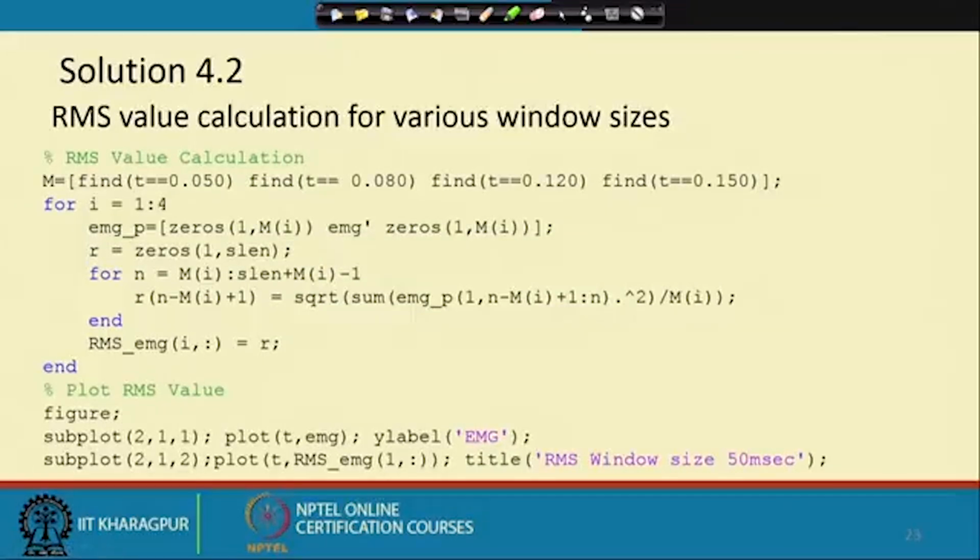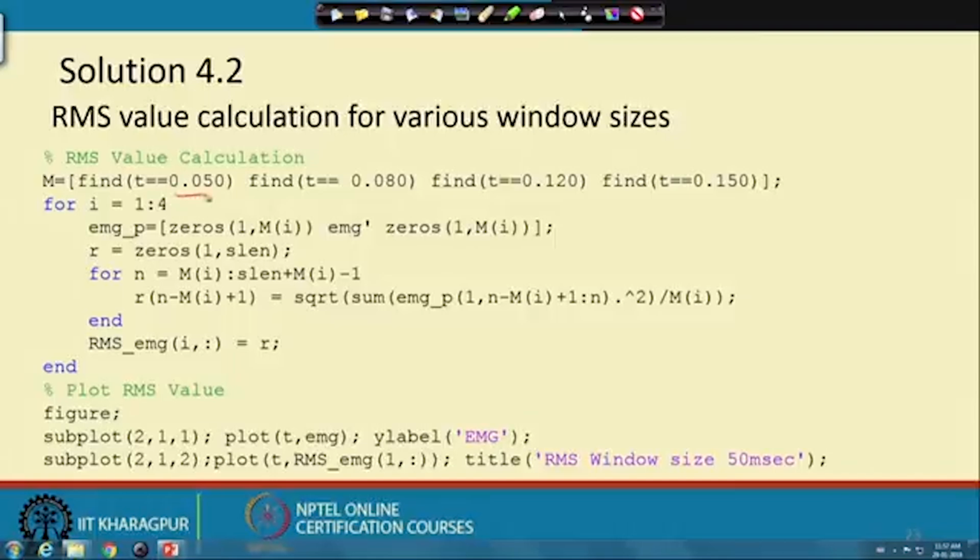For the calculation of the RMS value, we need to find m, the number of samples for different window lengths, and here we have chosen 4 window lengths.